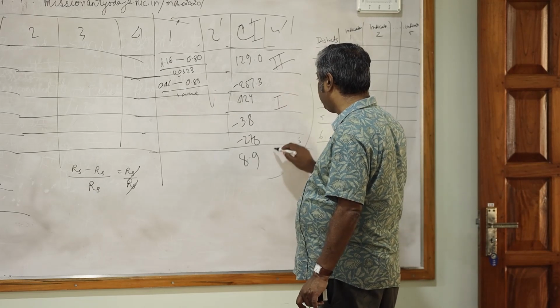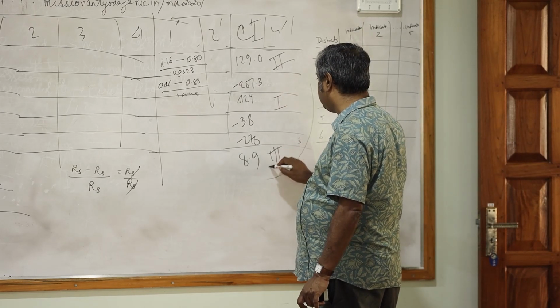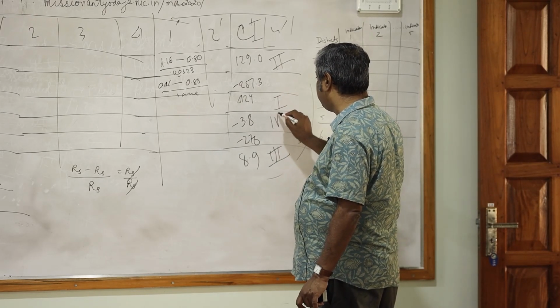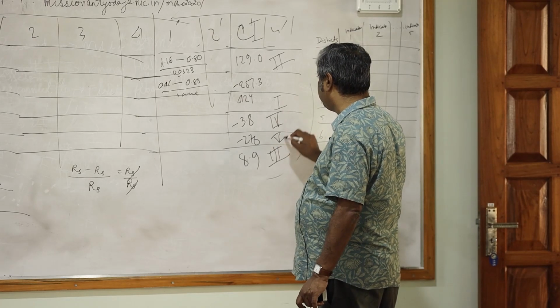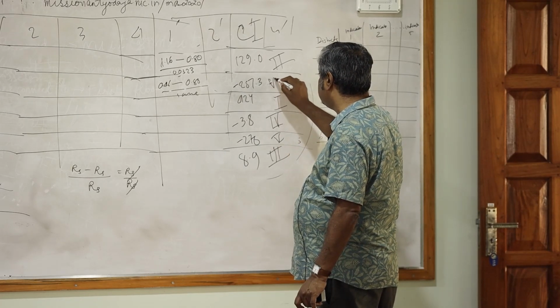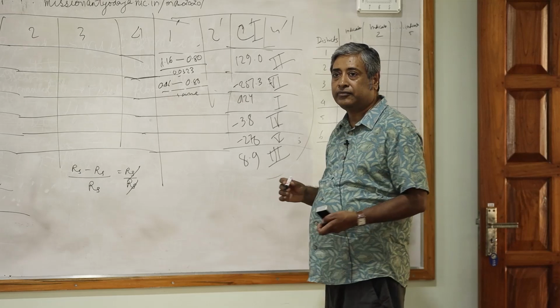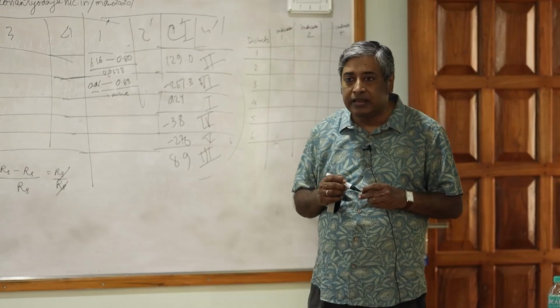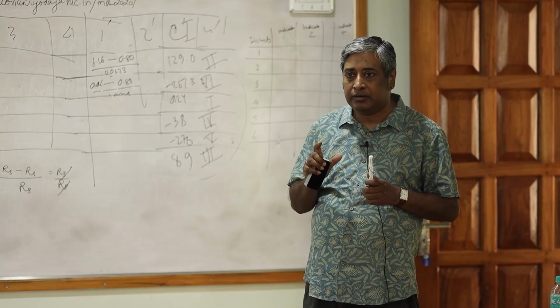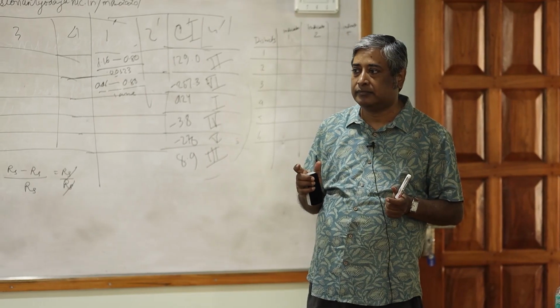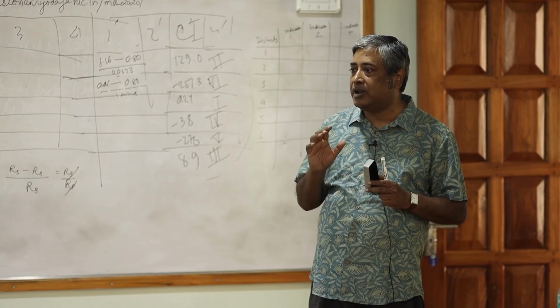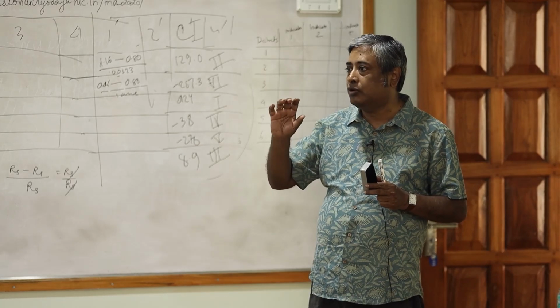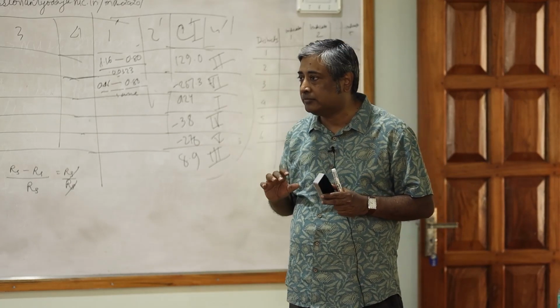This is second. This is third. This is fourth. This is fifth. And this is sixth. Remember, a composite index score doesn't mean anything. The number does not mean anything. It is simply done to show you position.